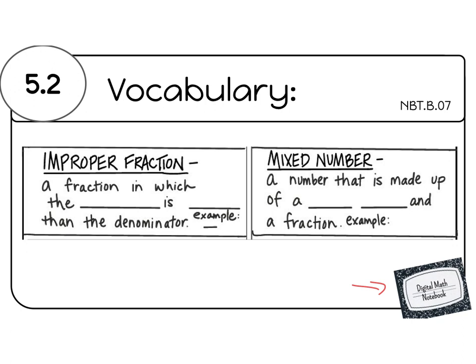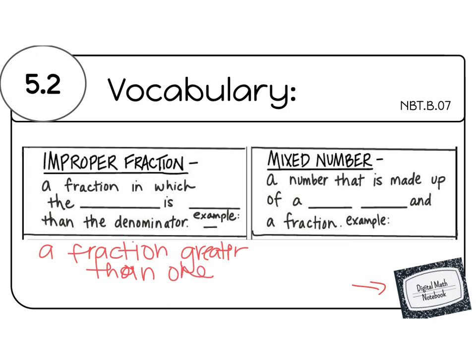An improper fraction, or sometimes called a fraction greater than 1, we have a fraction in which the numerator, which is the top, is greater than the denominator, which is the bottom.